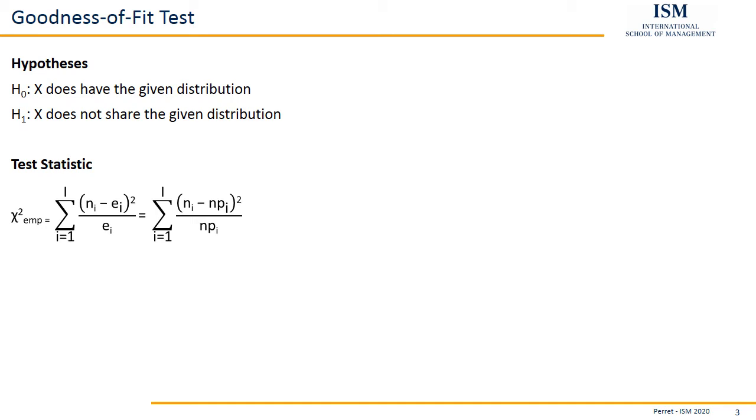So what I'm basically doing is first I'm using my distribution, the probabilities in the distribution, to get expected values. So I'm just summing up all the observations, getting my total number of observations, and then for each category, for each group, I'm multiplying the overall number of observations with my probabilities, with the percentage share in the given distribution. That's the n times p.